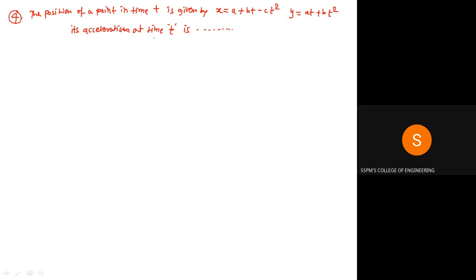So we need to find their dy by dx, and dy by dx means velocity of the position of the point at time t. In the same way, to find the acceleration, we need one more differential, that is the second order differential.